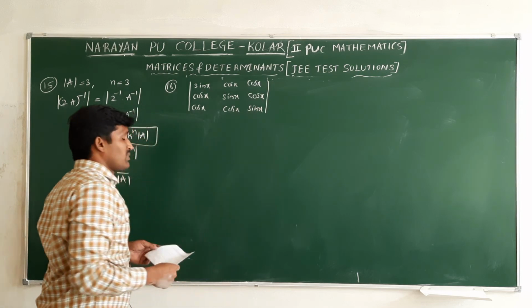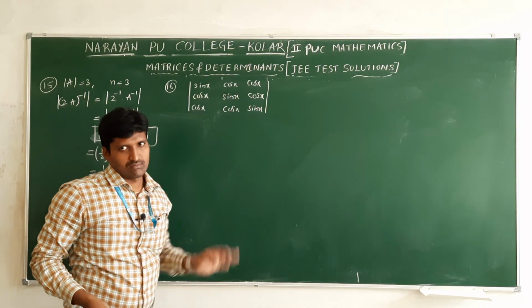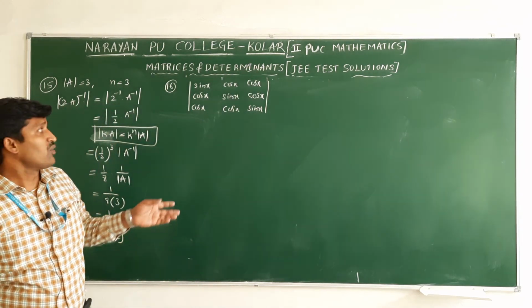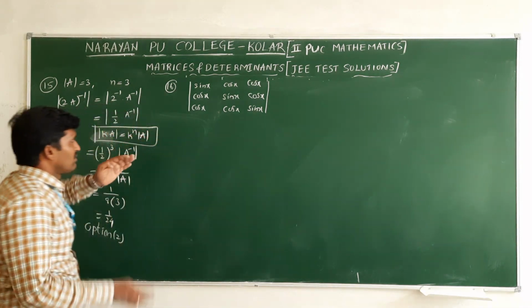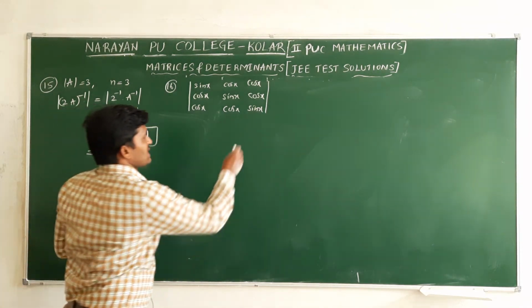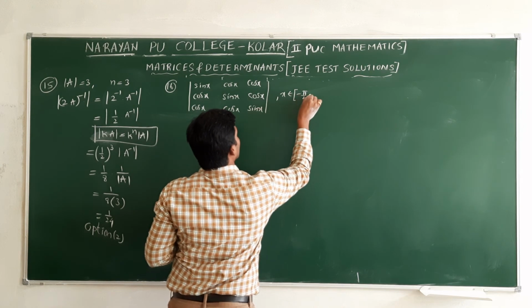Real roots of this determinant means at what value of x it will become 0. If we directly expand it, it will become very lengthy, and x is given to belong to the closed interval minus pi by 4 to pi by 4.